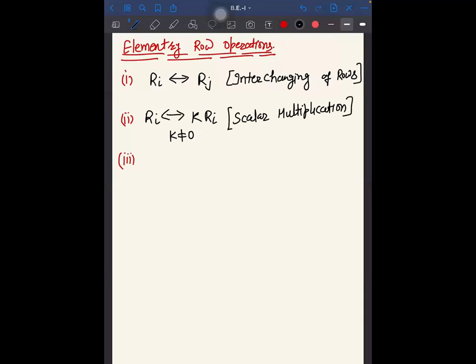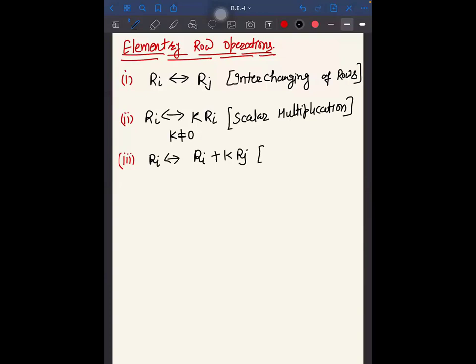And the next one is, we can add an equation to Ri and it will have no problem.